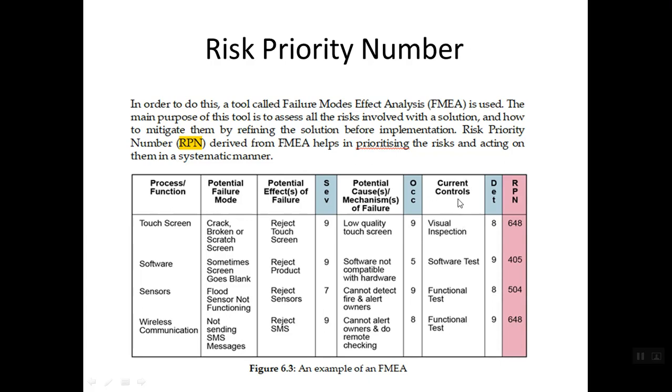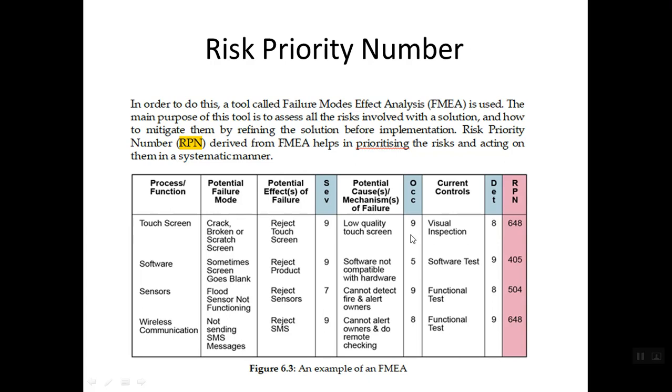Then the current controls is what control you perform to detect this reject. The current control is visual inspection. Visual inspection has a very low detection ability, so you take it high. If you have sensors, you may get only 1, because the higher the detection quality, the lower the detection value.